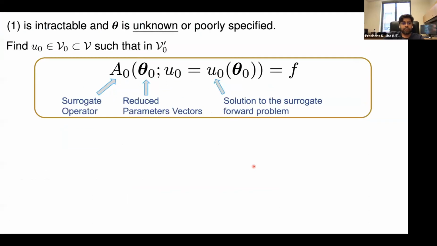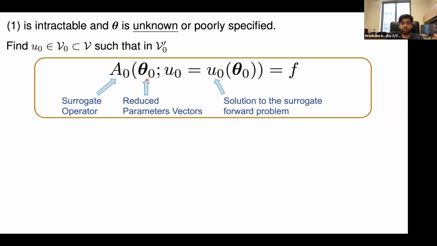Now we'll assume that this problem 1 is intractable or expensive to solve because possibly A is nonlinear, depends nonlinearly on theta and also on U. And therefore we are prescribed some kind of a lower fidelity approximation of that problem. So the new problem is finding a solution U0 of this lower fidelity problem, where A0 is a surrogate operator.